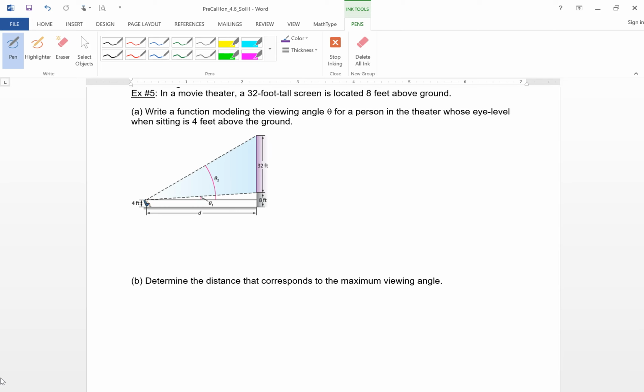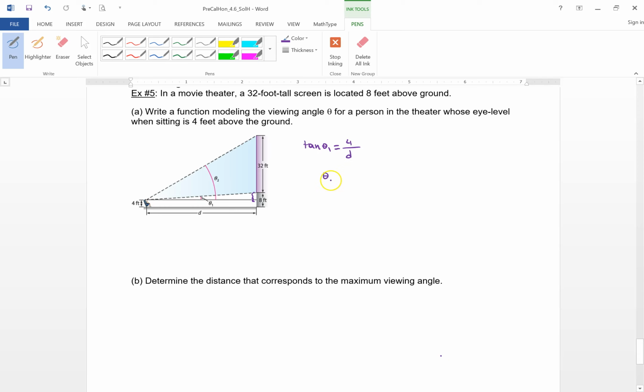And what should I do to those two in order to get the one in the dashed line? Subtract them. Right. So, for theta 1, that's this tiny little sliver there. The horizontal distance is d, and how big is that distance there? Well, this little one is 4 feet. So this is opposite and adjacent, meaning tangent of theta 1 is 4 over d. Okay?